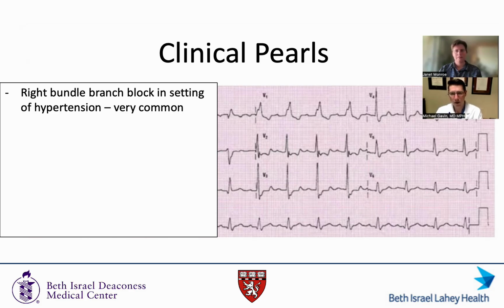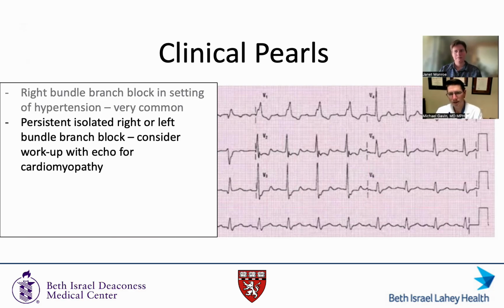Every once in a while, you're going to pick up a cardiomyopathy. Left bundles, and right too, can be associated with infiltrative cardiomyopathies and dilated cardiomyopathies. In the acute setting, something like myocarditis that's affecting the conduction system, or a prior infarct that they didn't know about.